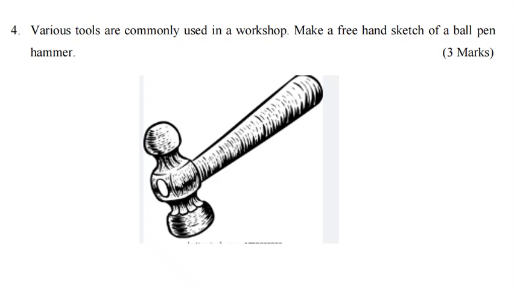Let's not have a situation where you are drawing a big head and a very tiny handle, or a big handle and a very tiny head. So proportionality is what will give you a good drawing. And you need to know all the tools that are used in the workshop, so that should you meet such a question, you already know how it looks like and you can sketch it.